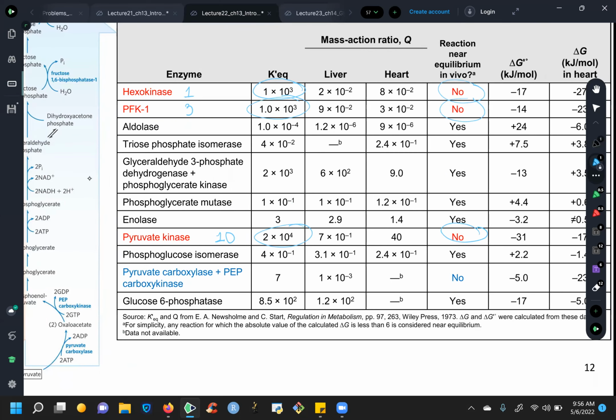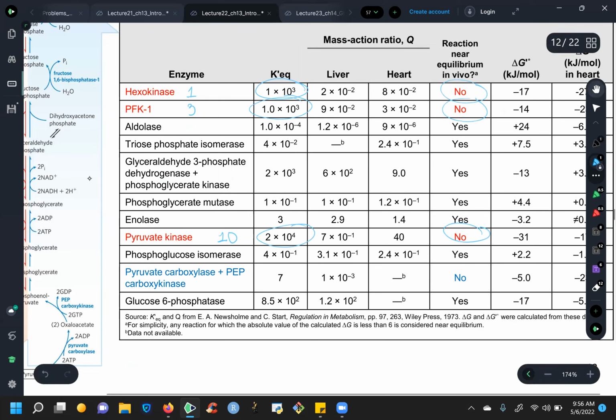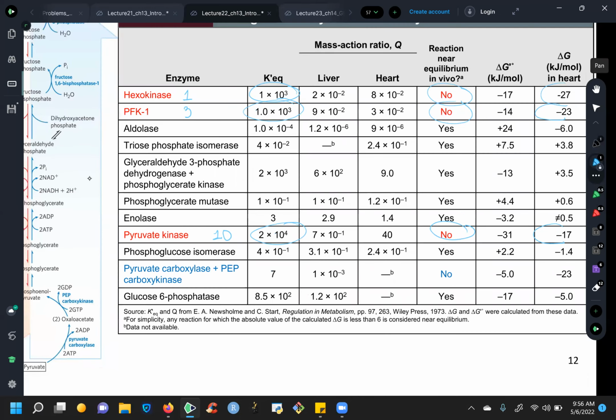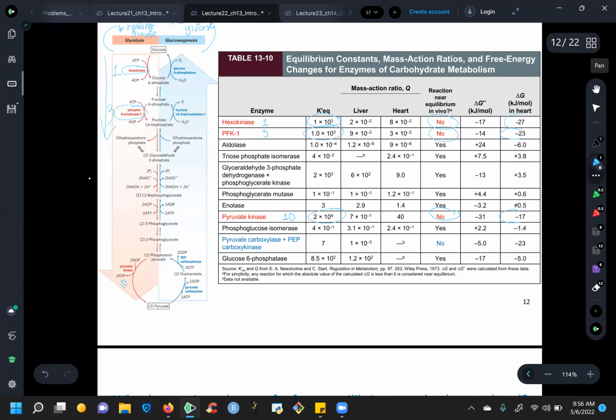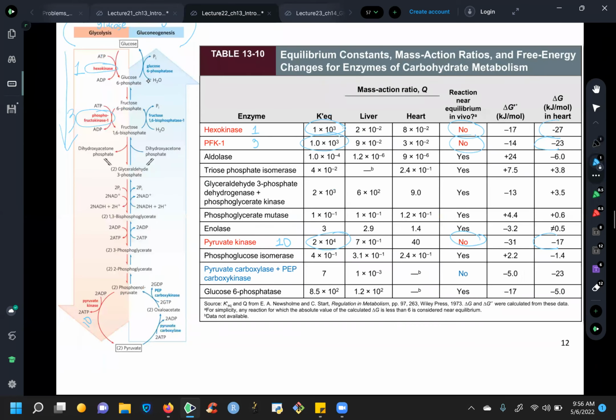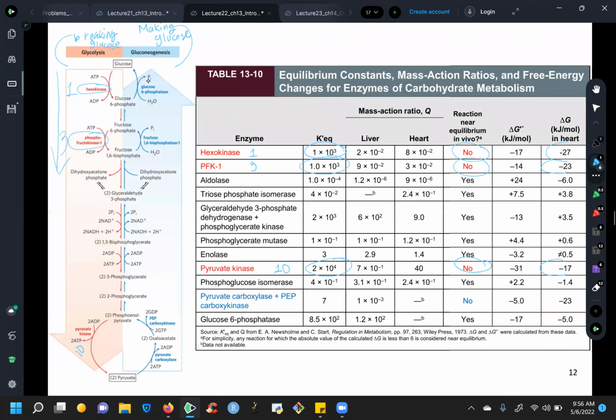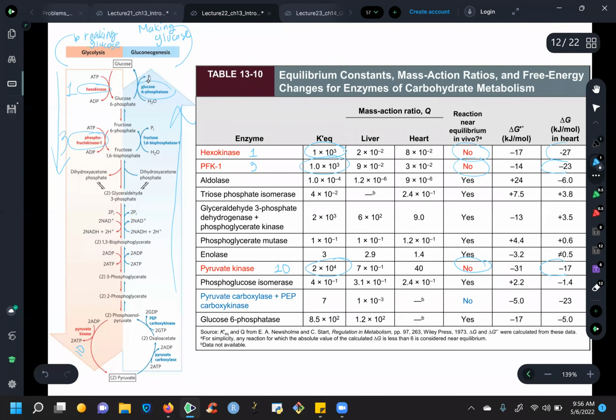And so the delta G, if we look over here and here, it's a highly negative delta G. So that's why those three reactions are irreversible. And in order for gluconeogenesis to happen, you need different enzymes to bypass those reactions.